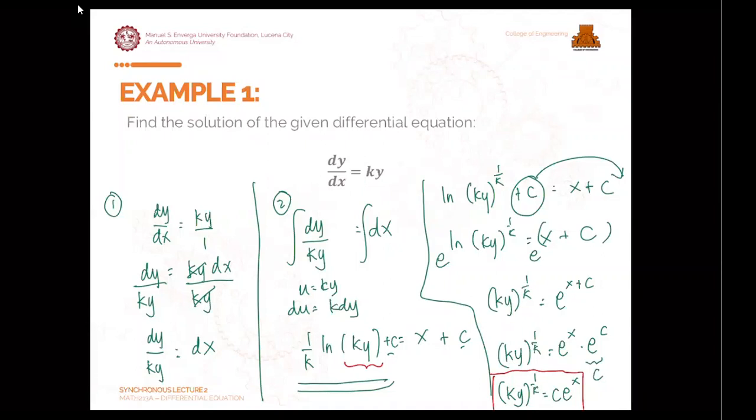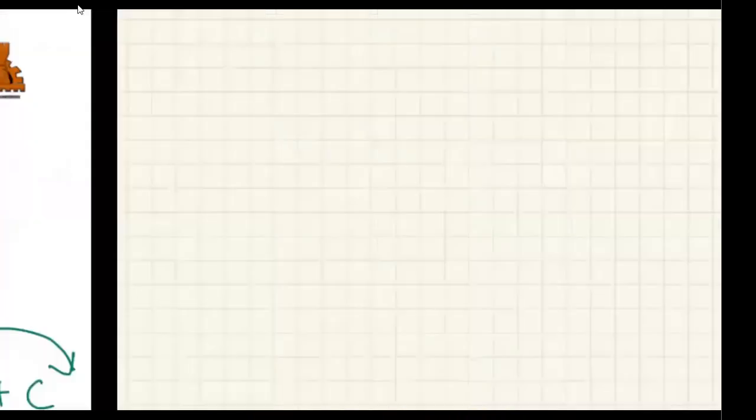Question? Or try natin yung isa. Ang gawin ko, ang i-separate ko lang is yung y lang, no? Kasi medyo nahihirapan ako dito sa 1 over k. I-try natin yung isang solution kapag hindi natin sinama yung k dun sa given problem natin. So, dy over dx equals to ky.